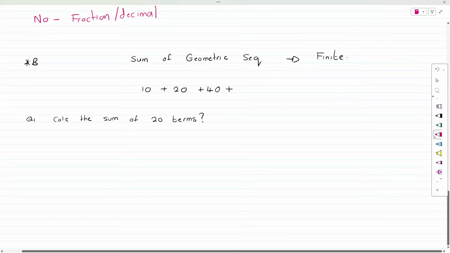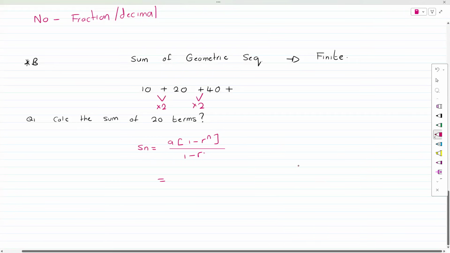So what we do first is find the ratio. I can see the ratio is times 2. It's my question, so I know it's times 2. But it's quite simple. Now, you and I would say Sn equals a into 1 minus r to the power of n, all over 1 minus r.